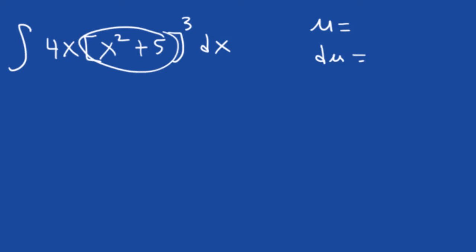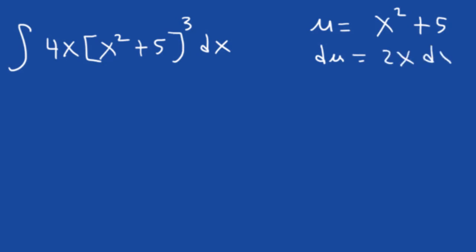Now if we make u equal to x squared plus 5, du is going to be 2x, which can cancel the x in 4x, and that's what we want to do. So let us set u equal to x squared plus 5. du is going to be 2x times dx.